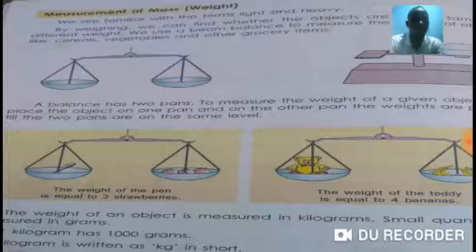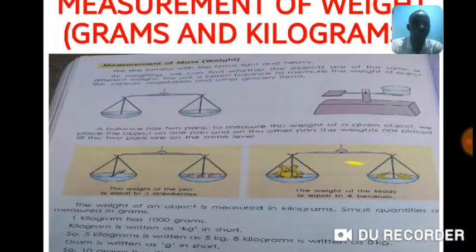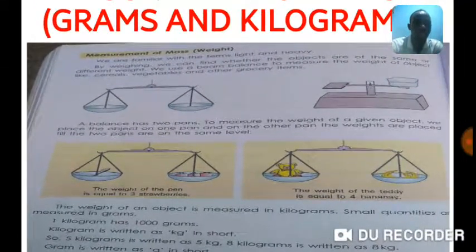We can use a beam balance to measure the weight of objects like cereals, vegetables, and other grocery items. A balance has two pans to measure the weight of a given object. We place the object on one pan, and on the other pan, the weights are placed.